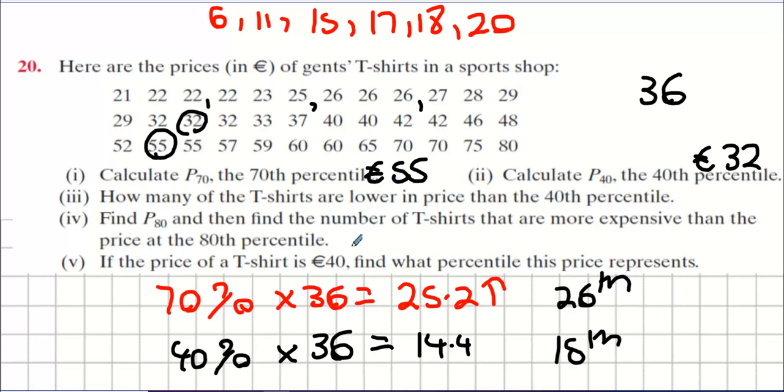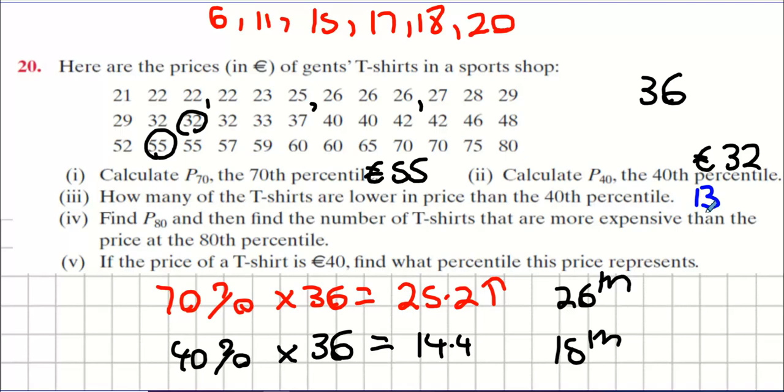Now, how many t-shirts are lower in price than the 40th percentile? Let's have a look. Technically, this one is equal to the 40th percentile, isn't it? So not that one. So how many t-shirts do we have? 13. Who said 13? Okay.